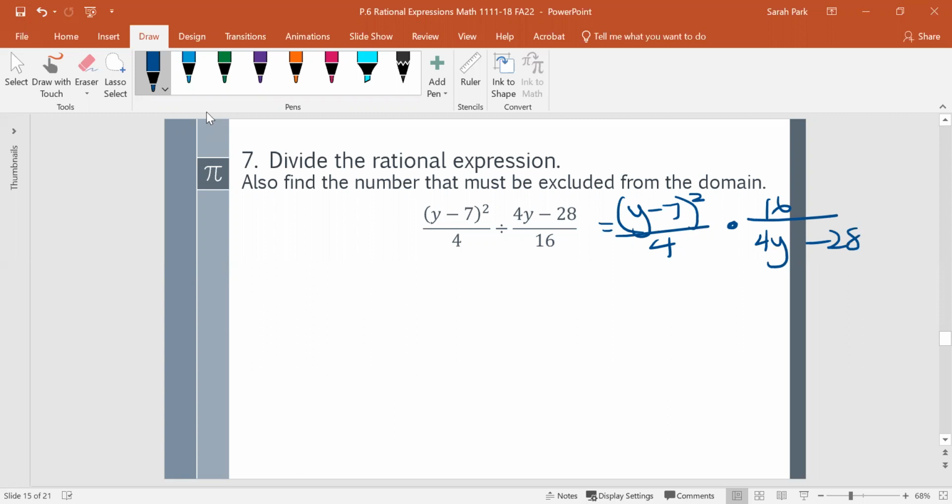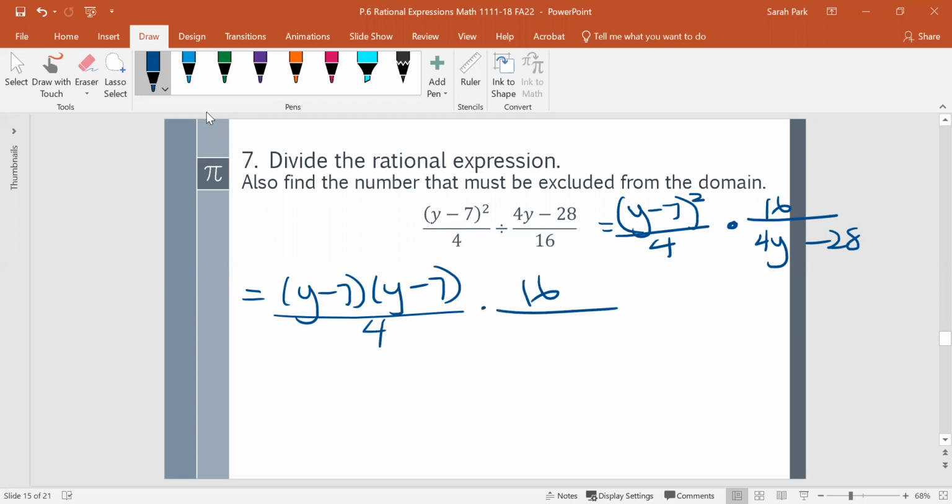So let's factor. (y minus 7) squared is already factored, and if you want to write it out twice, we can, since maybe it's easier to see that way. And we have 16 over 4y minus 28. I think we can factor out a 4 and get 4 times (y minus 7).